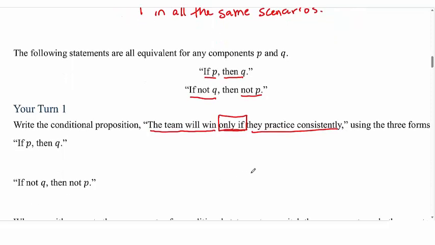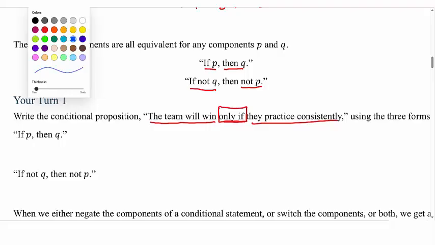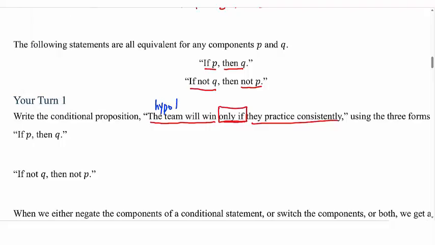For the only if, we know that this is the hypothesis and this is the conclusion. And I always refer to P as being the hypothesis and Q being the conclusion, but that's not necessarily the case. That's just what I'm using in the chart.